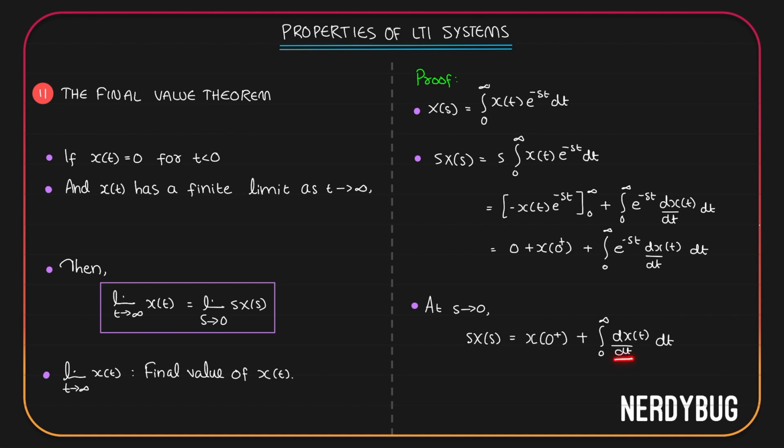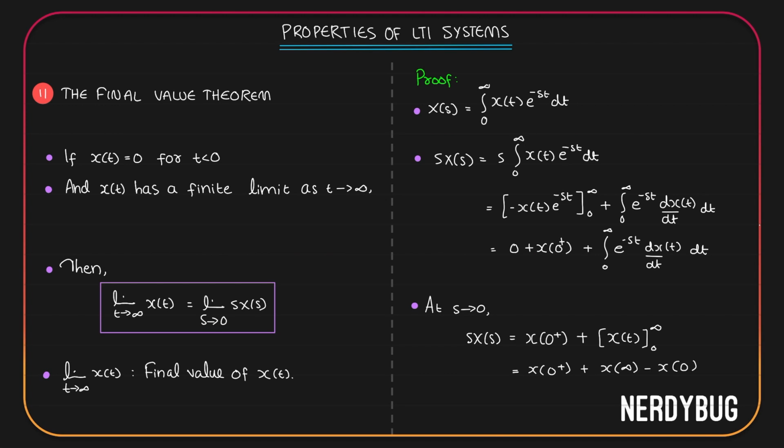Let us cancel the dt and dt. Now this is just the integral of dx(t), which is x(t), with limits from 0 to infinity. So this becomes x(0+) plus, giving the upper limit, x(infinity) minus, giving the lower limit, x(0).